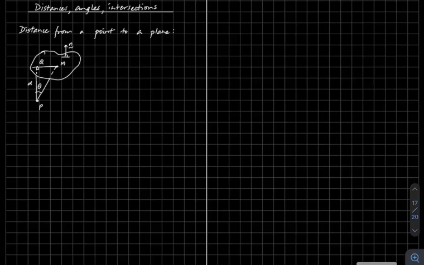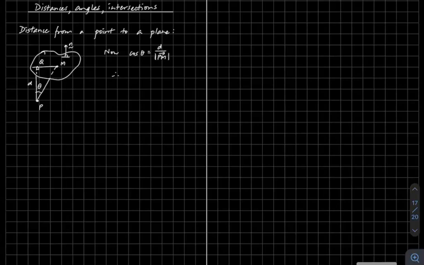Now, looking at that triangle that I've created there, the thing that we want to find is D, but we could say that cos theta is going to be equal to adjacent over hypotenuse, isn't it? So it's the distance that we're interested in over the magnitude of the vector PM.